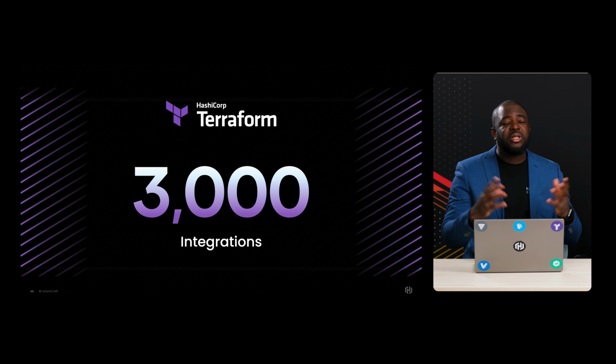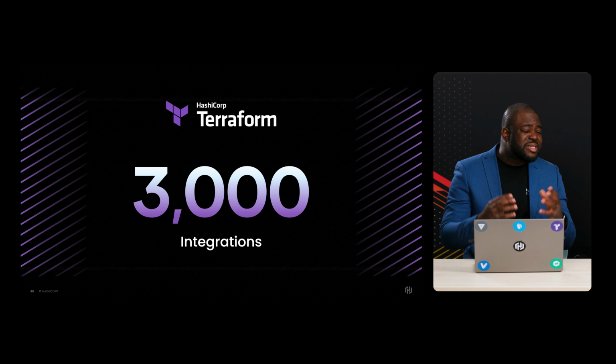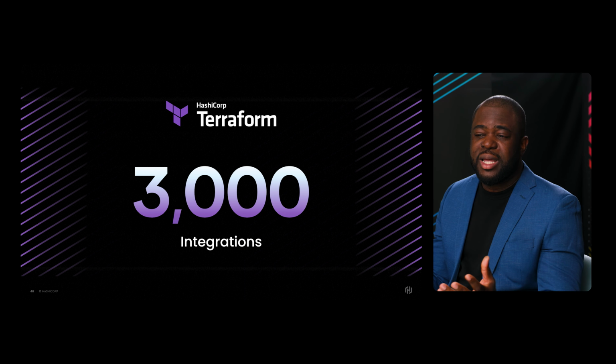And thirdly, policy as code. Policy as code is used to enforce that Terraform plans comply with security rules and best practices. Depending on your needs, you can opt in for a fully managed solution with Terraform Cloud or the self-managed version with Terraform Enterprise.